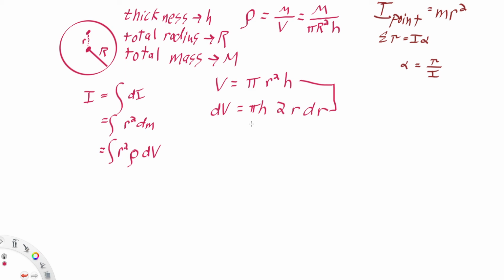It was actually not even the product rule, since there was only one variable in here, which was r squared.